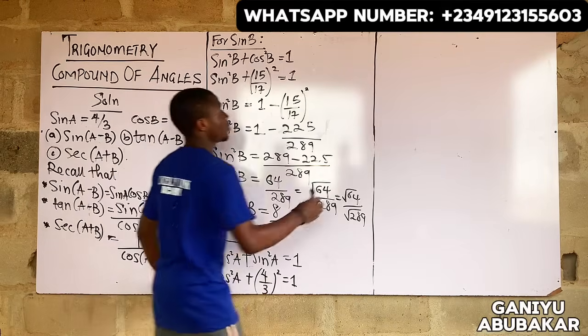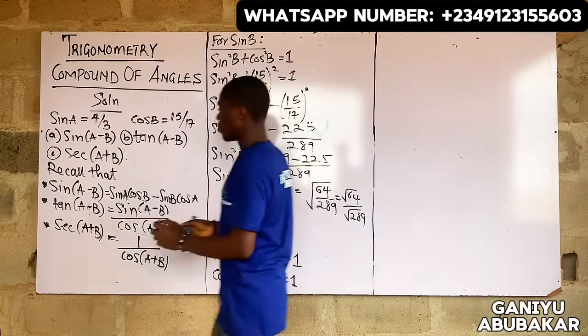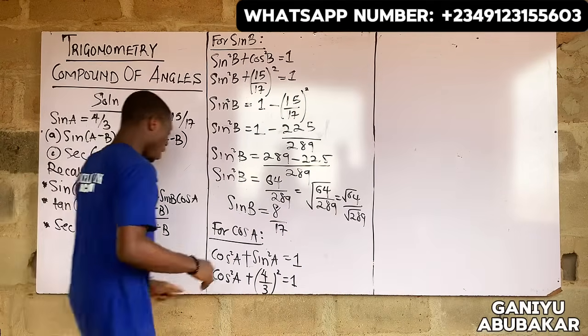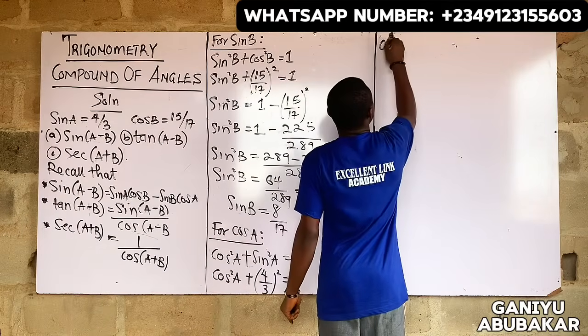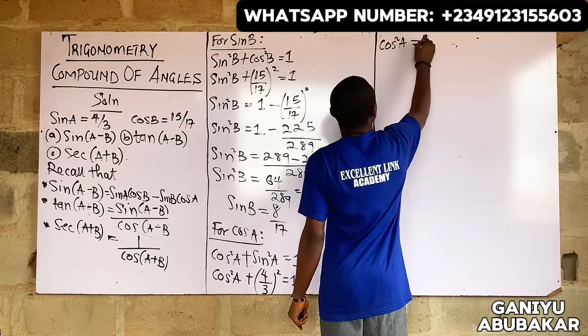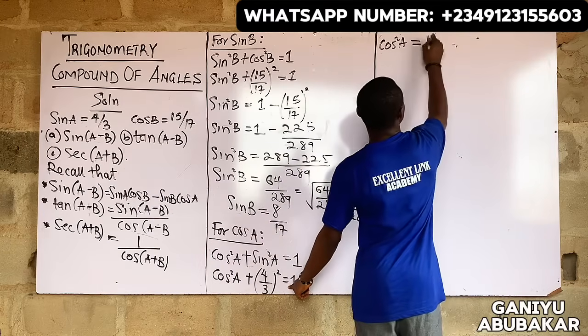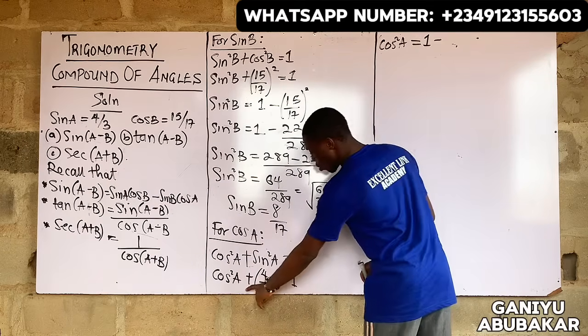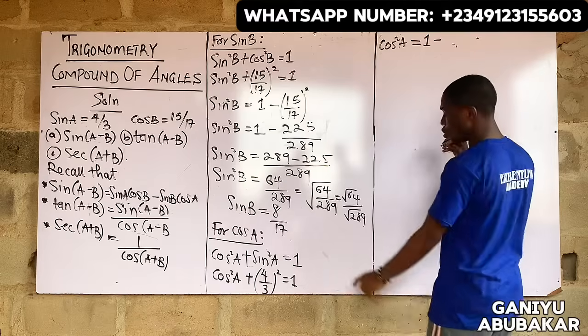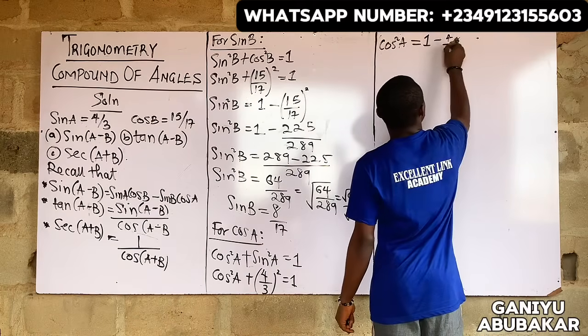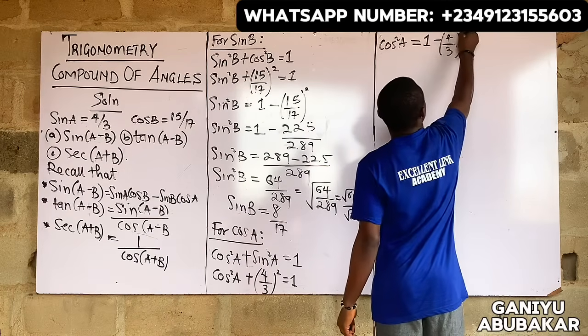So cos squared A equals 1 minus 4 over 3 all squared.